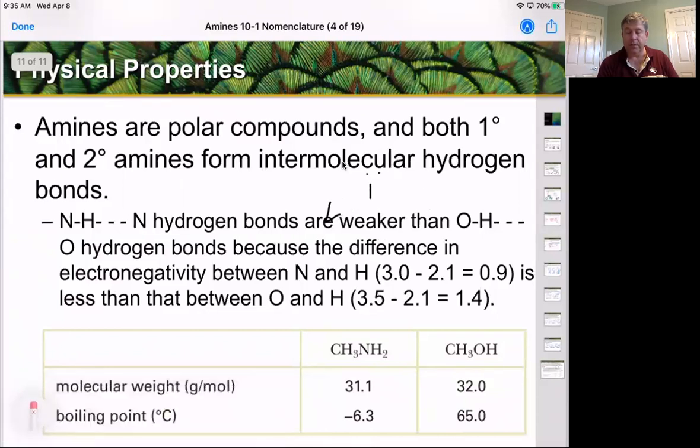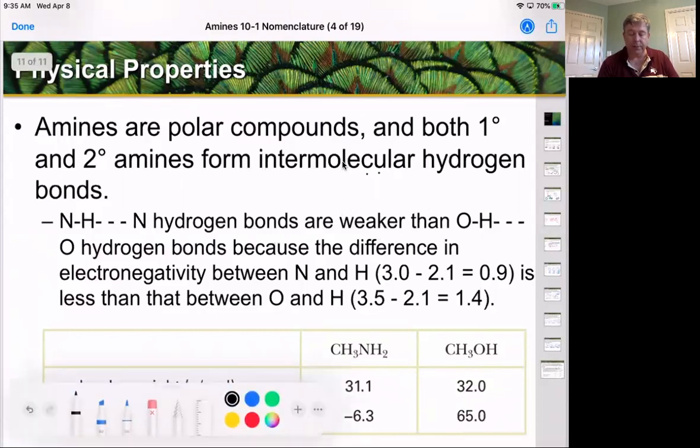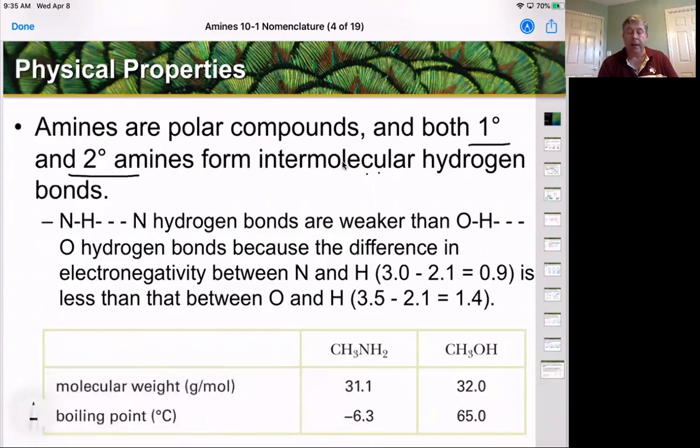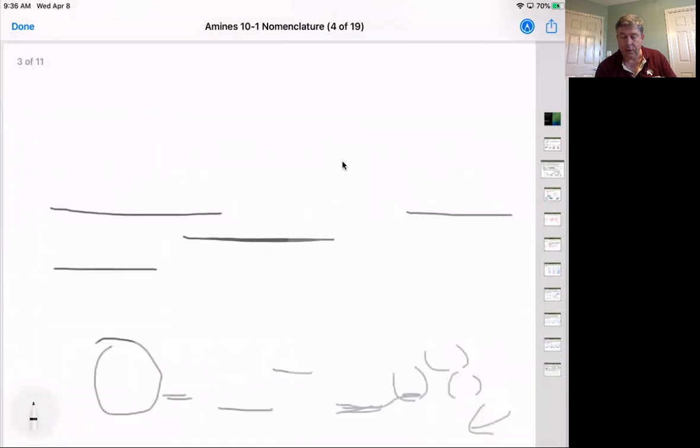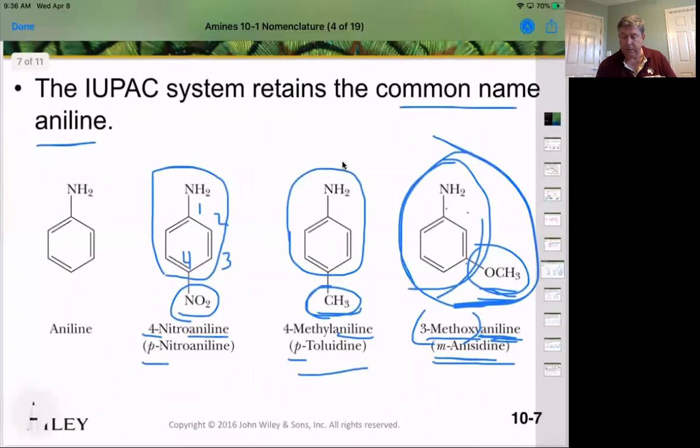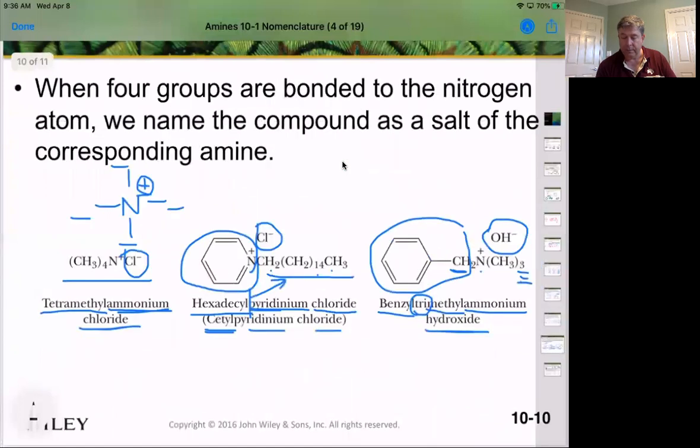Okay, so let's start substituting it and looking at how the properties change by the substitution. If we have a primary or secondary amine, that means that they have at least one hydrogen left on the nitrogen, like methyl NH2, or the dimethyl NH.